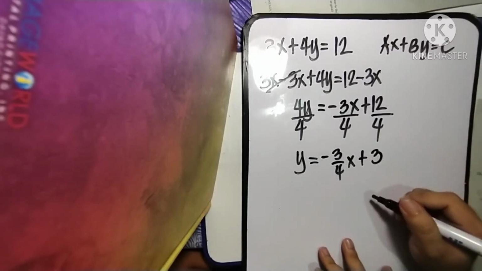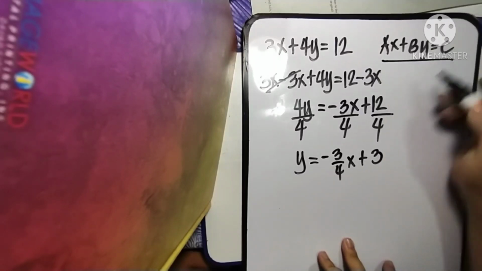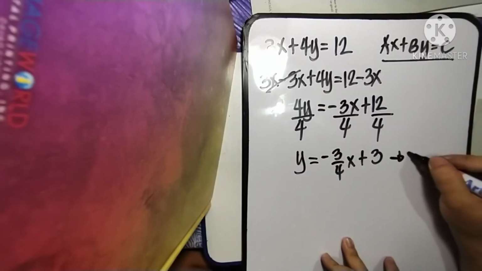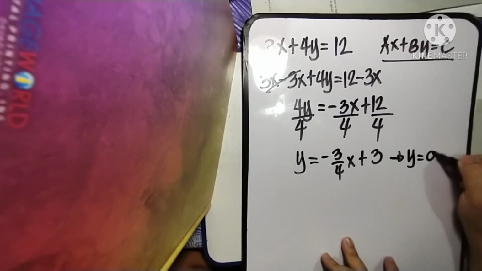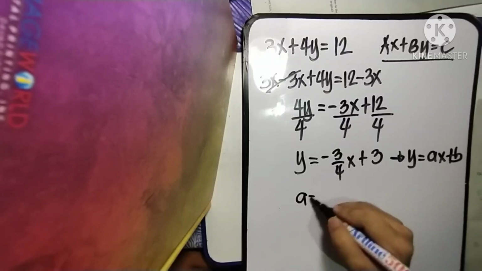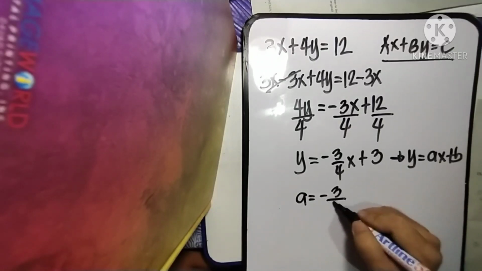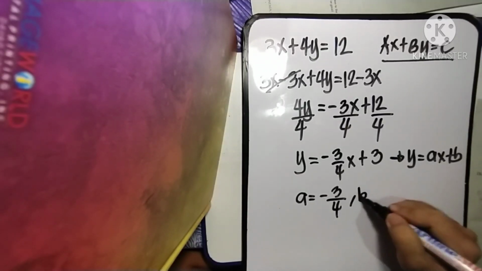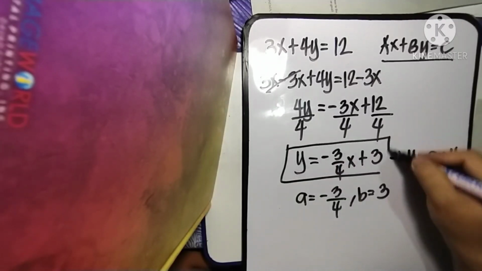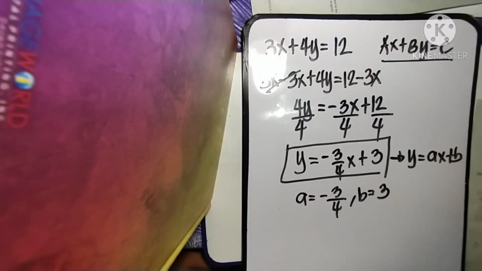So therefore, given the standard form ax plus by, we converted it, rewrote it into y is equal to ax plus b, where our a is equal to negative 3 over 4 and our b is equal to positive 3. So this is now the slope-intercept form.